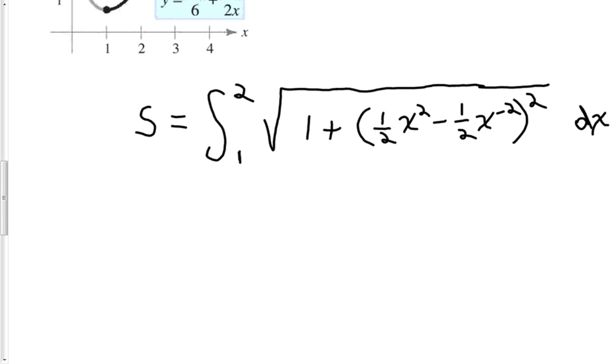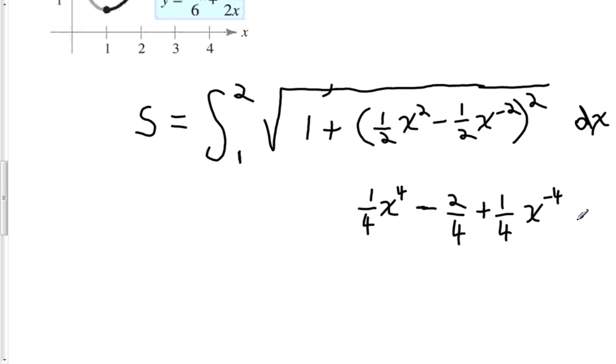In order to do that, we're going to FOIL this, giving us 1/4 x to the fourth minus 2/4 plus 1/4 x to the negative 4.